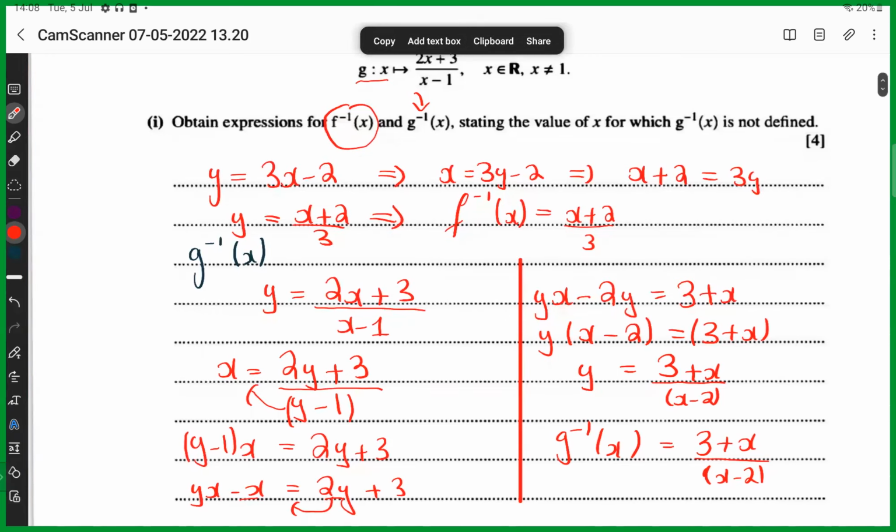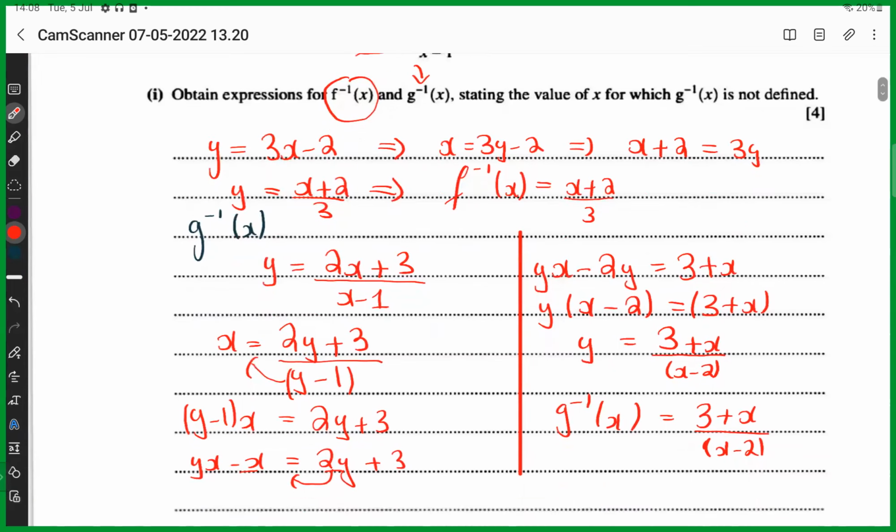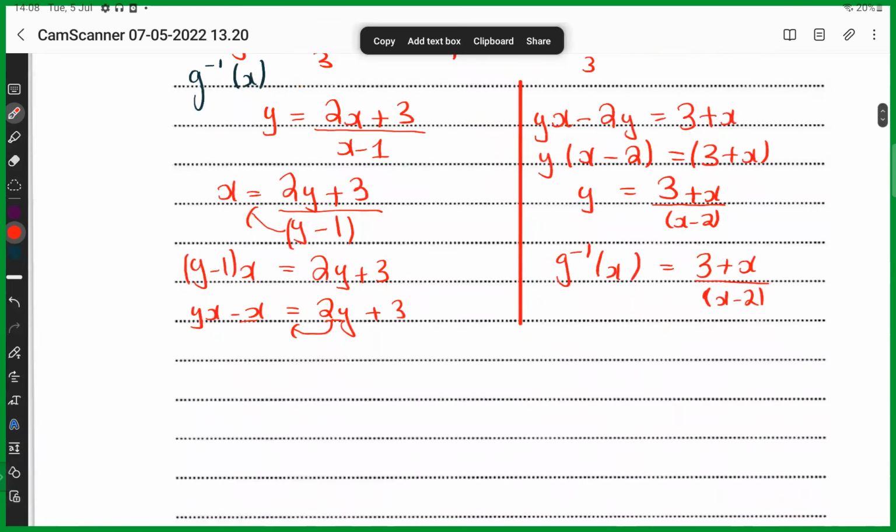Okay, g of x was the function now. And how have we done it? Step 1 was just writing down y instead of g of x. Step 2 was interchanging x and y. Step 3 was making y the subject. Now, for such scenarios where you have a variable in both the numerator and denominator, and you need to make it the subject, it is a bit complicated, but trust me, the method is the same.